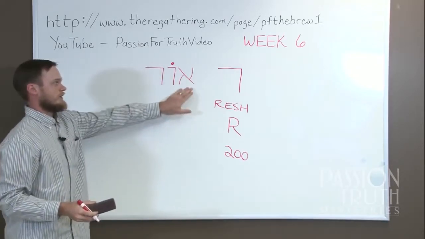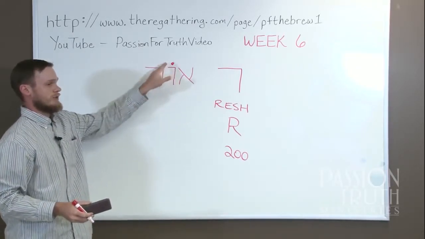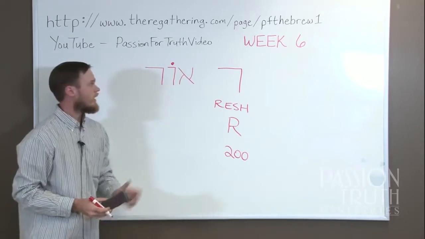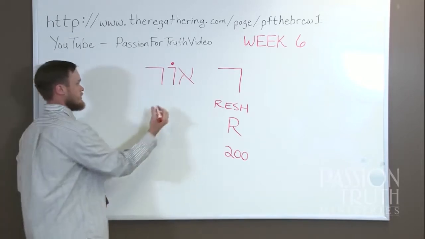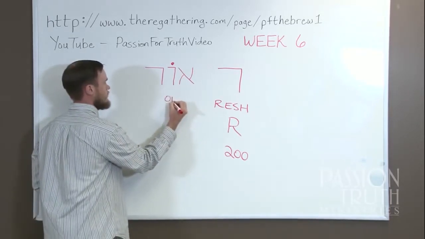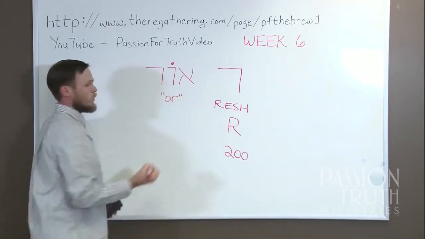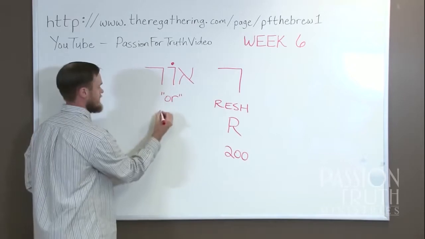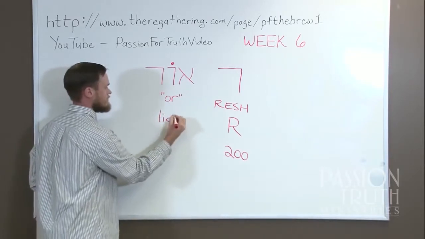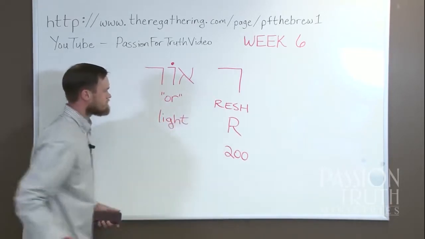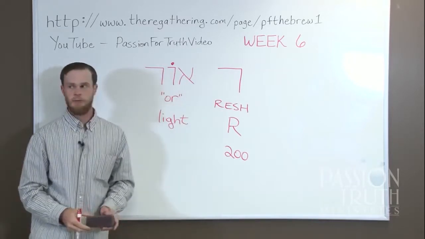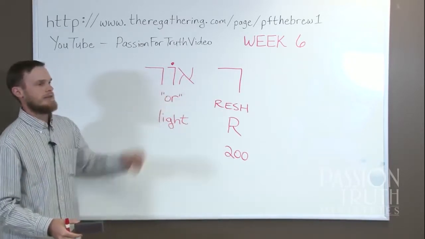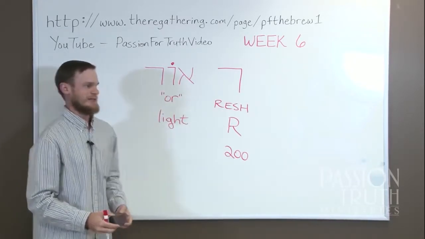So the aleph is silent. Vav with a cholam is a long O sound. The resh is an R, so this would be pronounced or. And or means light. Okay, so let there be light. Yehi or, phrase in Hebrew.